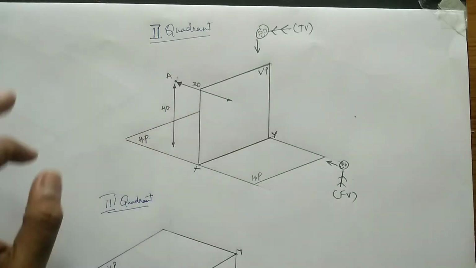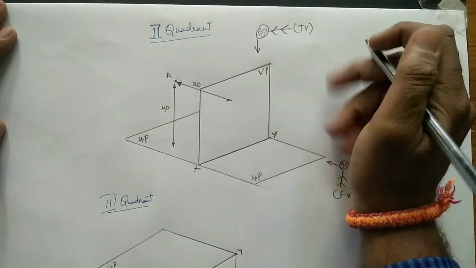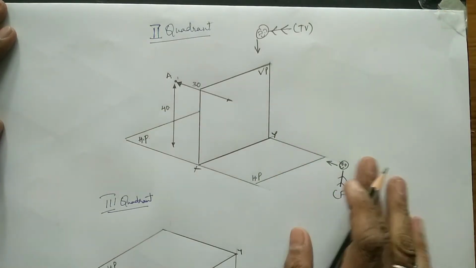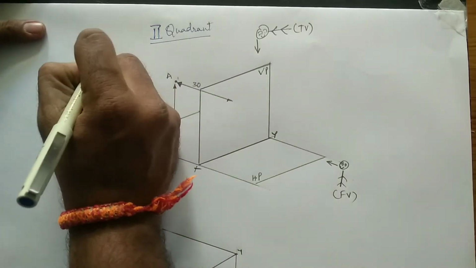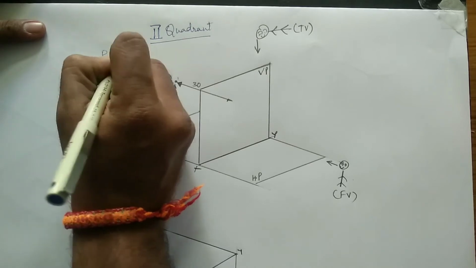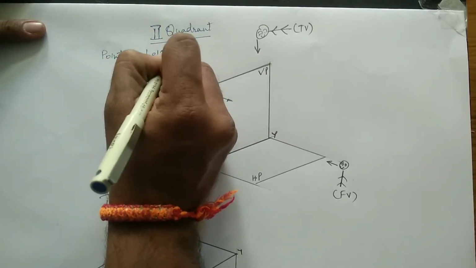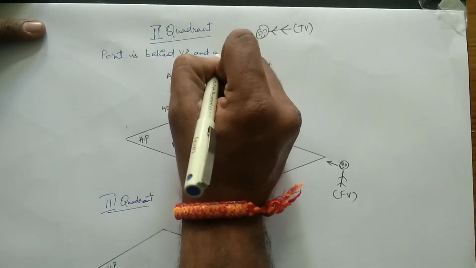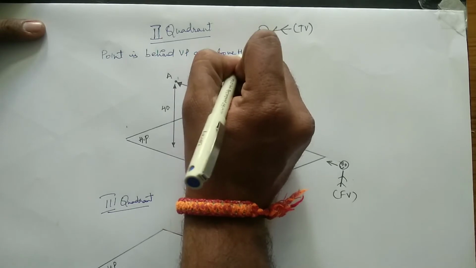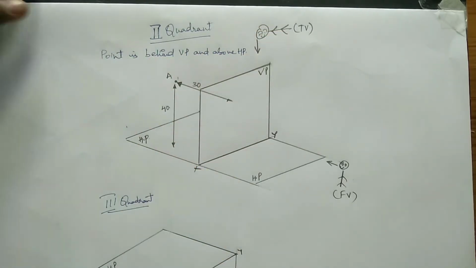So in the second quadrant, the point is behind VP and above HP. This is the position of the point in the second quadrant.